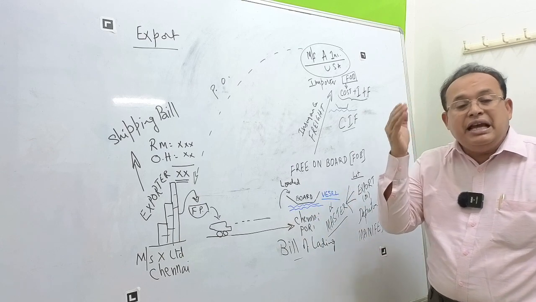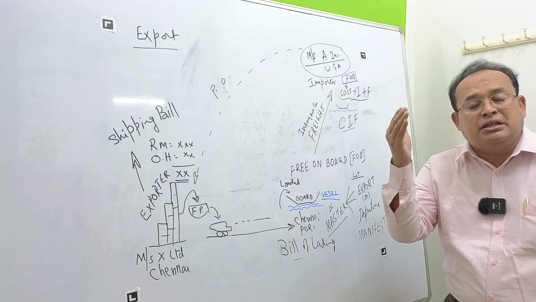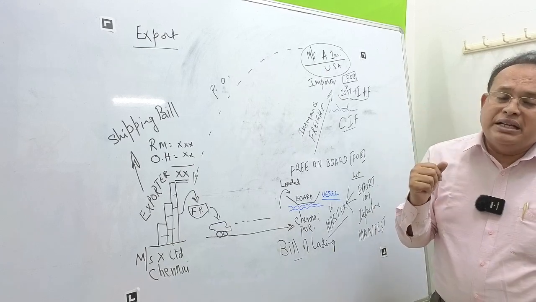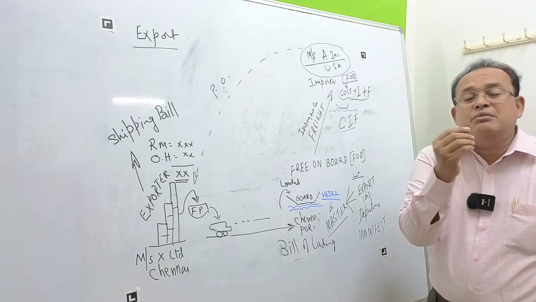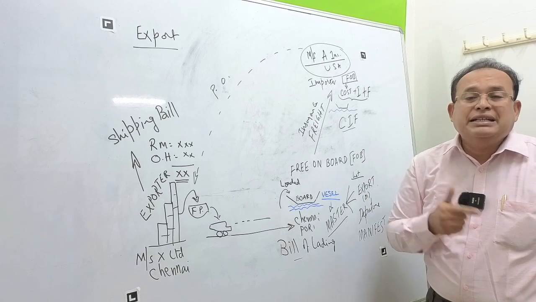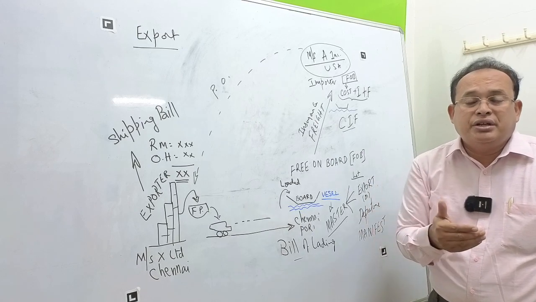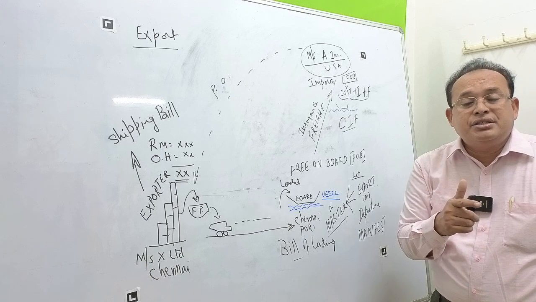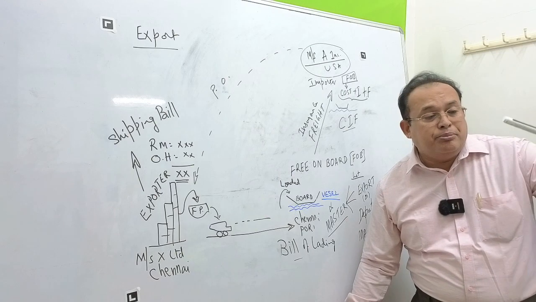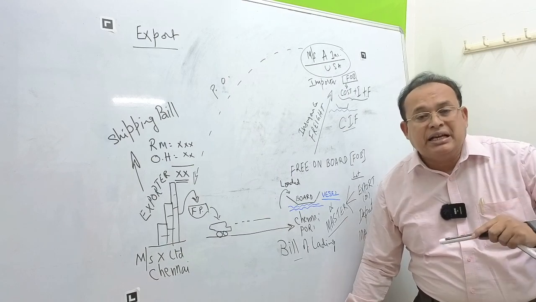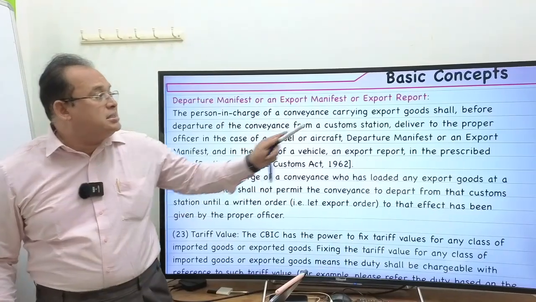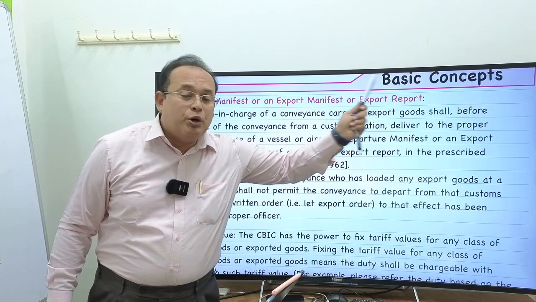Like that, airway bill copies are issued by the pilot in charge of the aircraft, or otherwise consignment notes are issued by the person in charge of the vehicle, namely the driver, in case of export through the land route. In that case, the list is prepared by the driver for goods permitted to be exported in the vehicle, and that document is called the export report. Export report, when will it come?